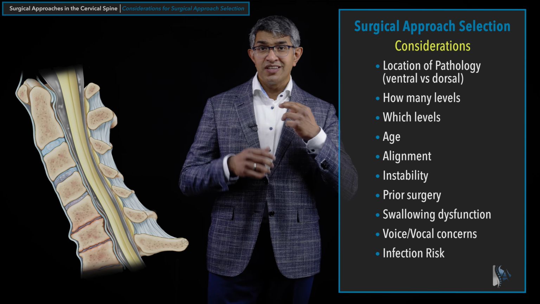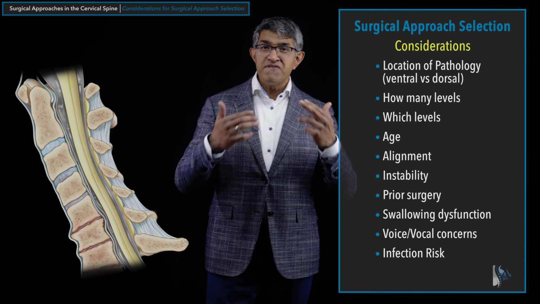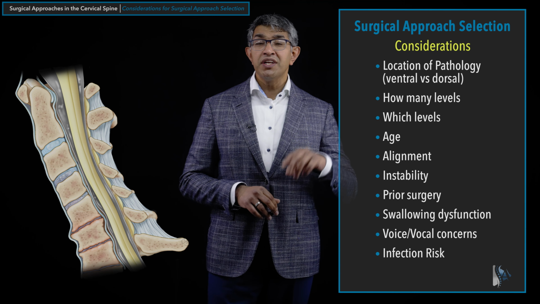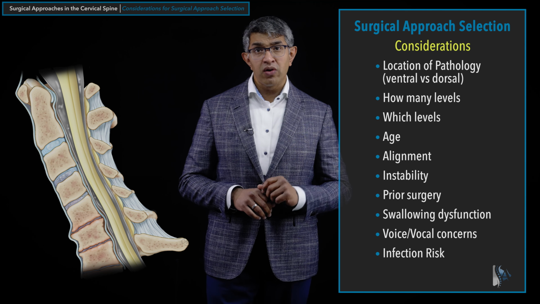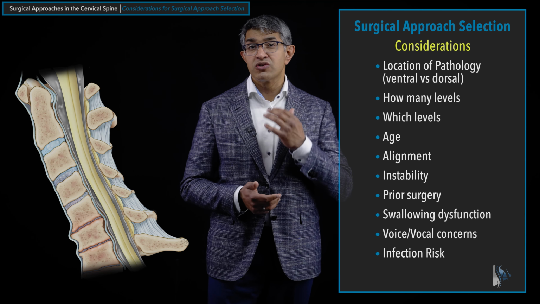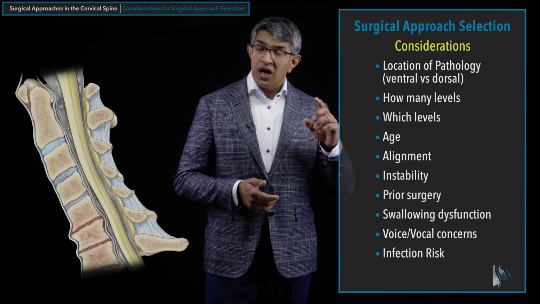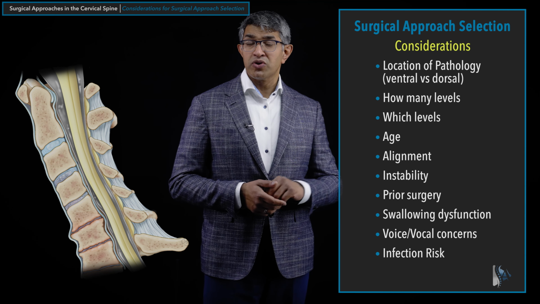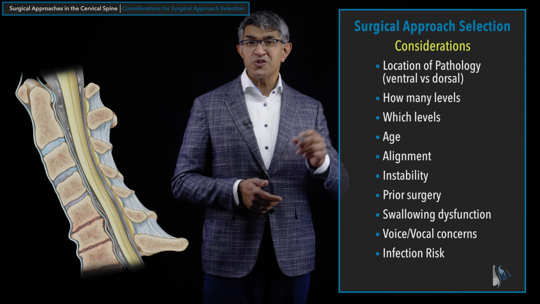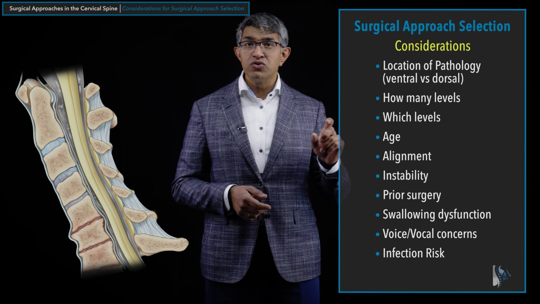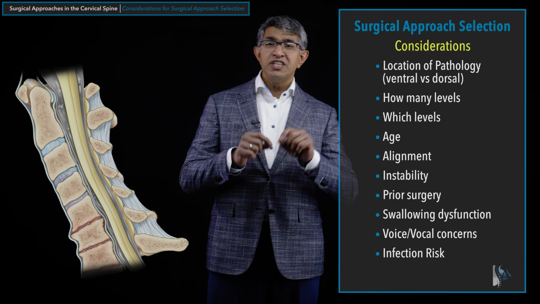Infection risk is an interesting one. Surgeries from the front, the way your body is made, have a very, very low rate of infection. It can happen, but it's very rare to have an infection from anterior cervical approaches. Unlike that, posterior approaches have a higher rate of infection. It's still about 1 to 2%. It's not a huge risk, but there is a bit more denervation and what we call devascularization of the muscle, a little bit more of a dead space, and so we see a risk of infection of around 1 to 2%.